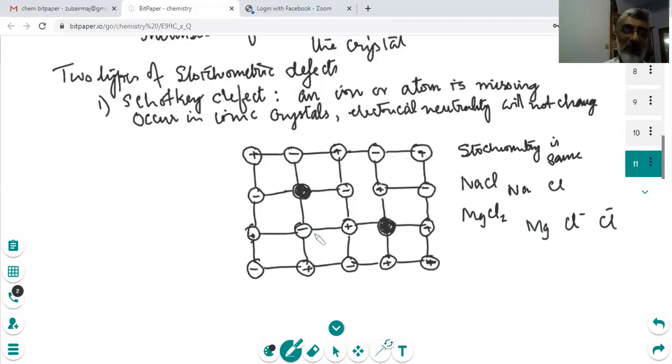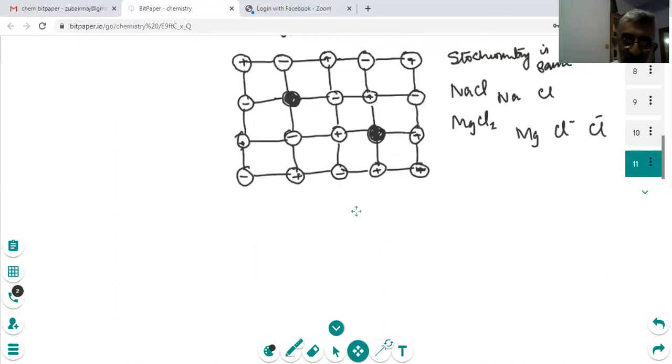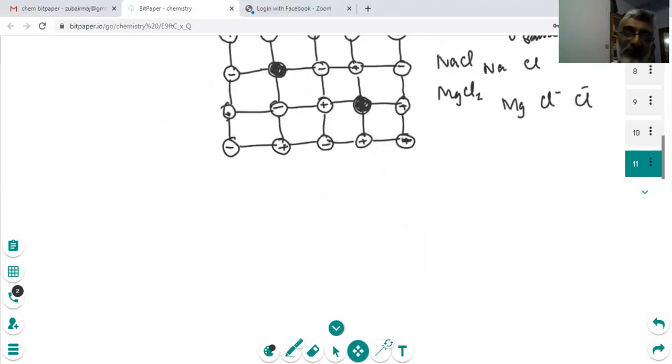Now, if you have too many molecules lost from this type of defect, then you will have too many vacancies. Vacancy means the atoms are lost.